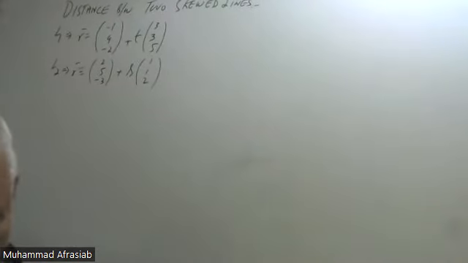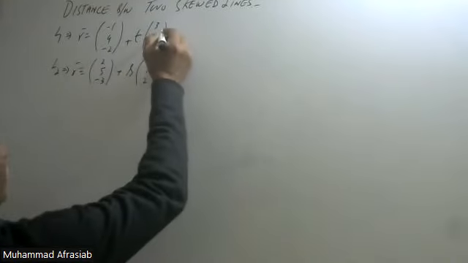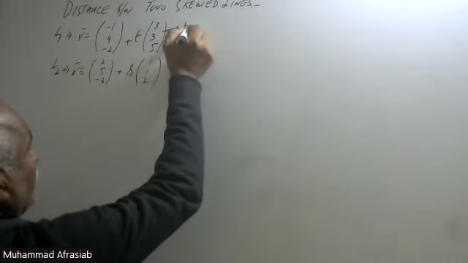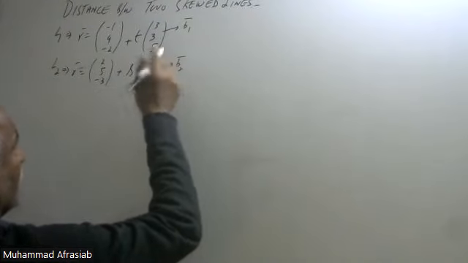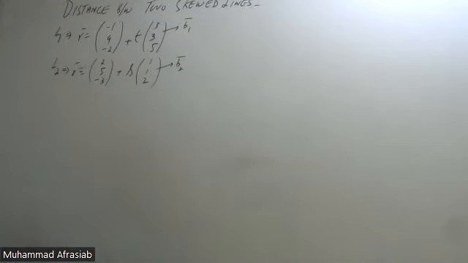We know from this equation that the two direction vectors, let's say this is B1 and this is B2, are not scalar multiples of each other. So the lines are skew lines or intersecting lines. Now we are going to find the distance between these two skew lines.